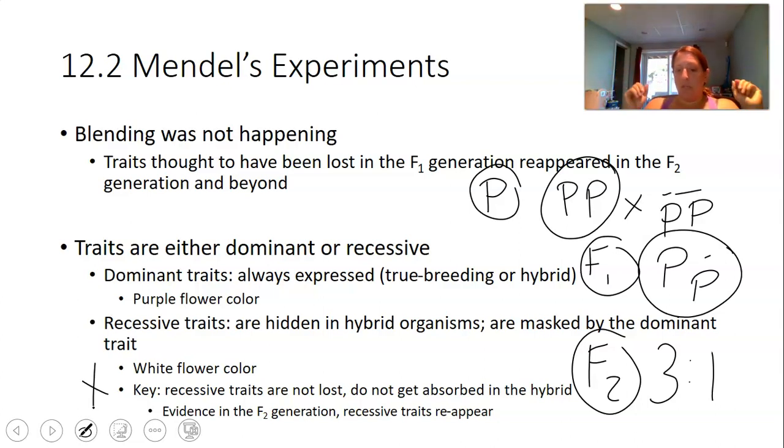It's gone. Thankfully, he took his studies out to the F2 generation, and that's where the white trait reappeared. So that 3-to-1 ratio, for every one white plant, he ended up with 3 purple plants. But the key thing here is that he ended up with white plants. That trait wasn't gone. It wasn't absorbed. It wasn't lost. It was still there, and it could still be expressed.